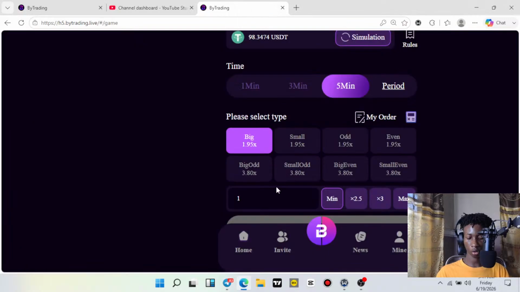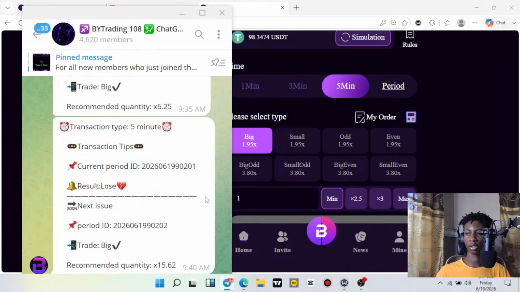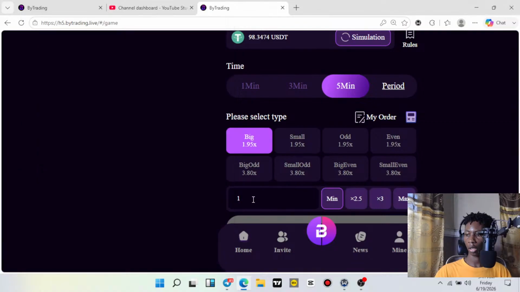Right now they told us to go with big this time. So let's build the amount right here and trade it. They told us to go with big, and then I'm to trade with 3.842, then click on the trade and click on confirm.